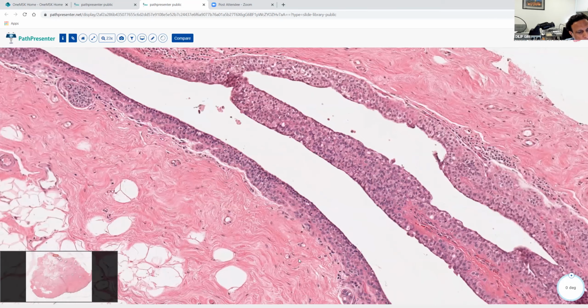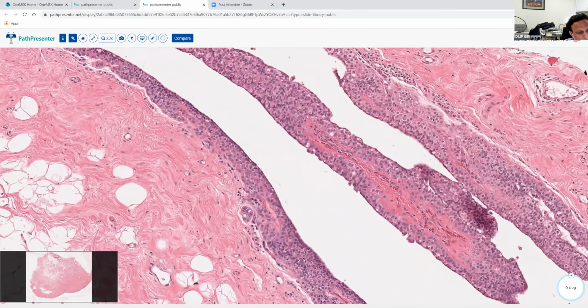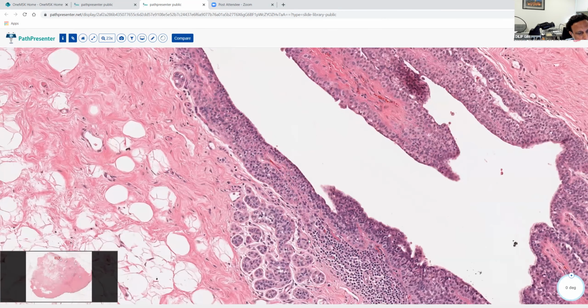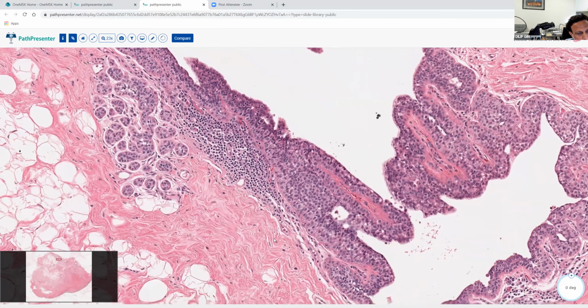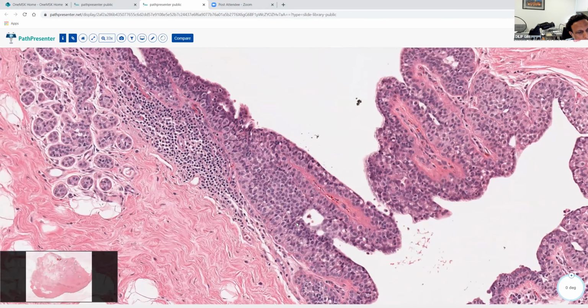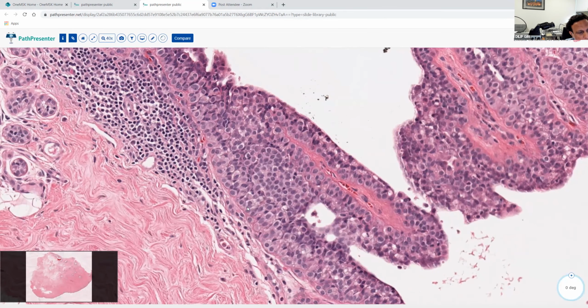I mean, we all have seen this presentation, Pagetoid extension of LCIS in major ducts. All this stuff is LCIS. And even here you can see that between these neoplastic LCIS cells, there are some darker nuclei. So these darker nuclei are the native ductal epithelial cells.